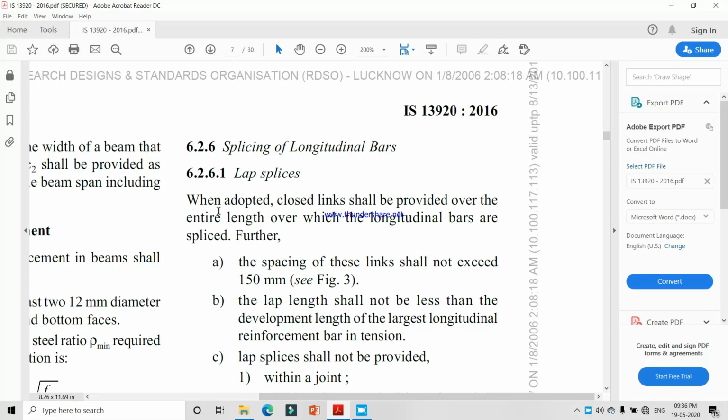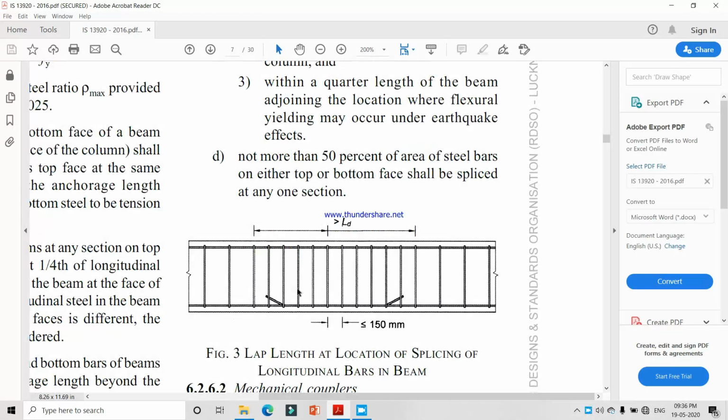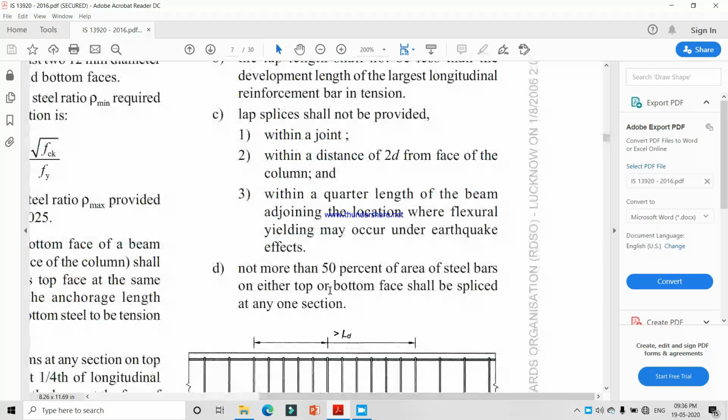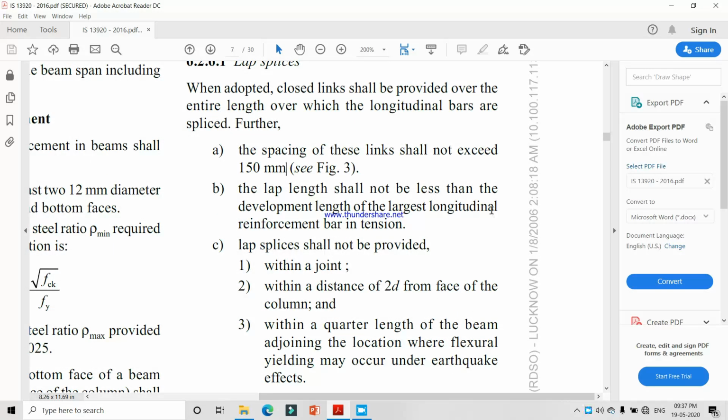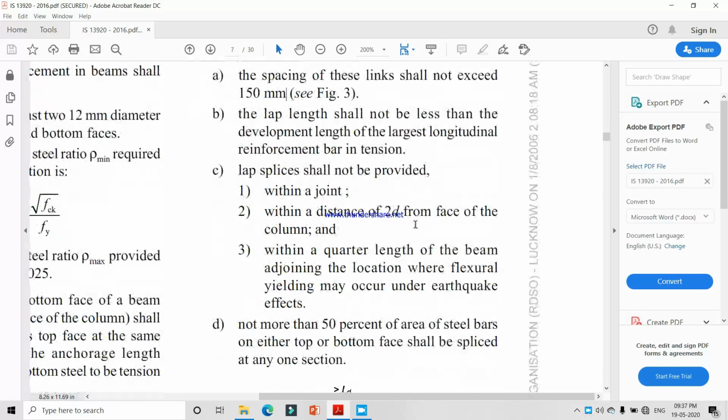What are the criteria? The spacing of the links over the lap splice should not be greater than 150 mm, and the lap length shall not be less than the development length of the largest longitudinal reinforcement in tension.